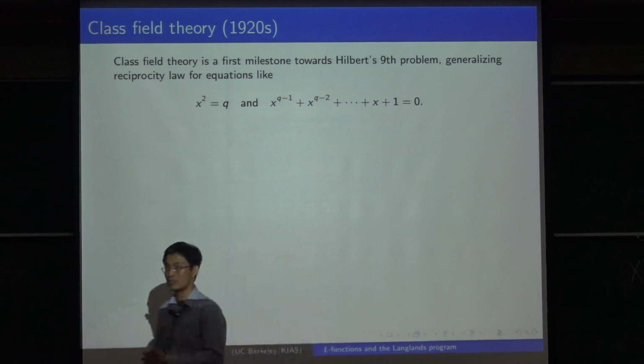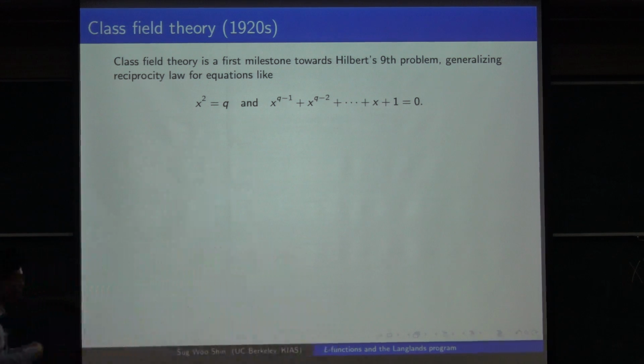That's a great achievement in mathematics, especially number theory, in the early half of the 20th century. Global class field theory was more or less completed in the 1920s, and it gives a general reciprocity law. In particular it can explain x squared equals q, or that equation I've shown you, and many more.